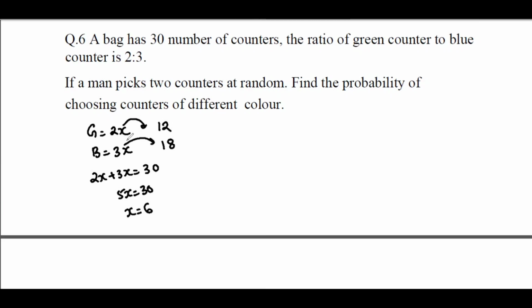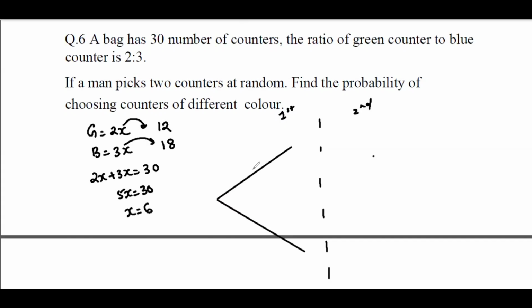Now we know that the number of green counters are 12 and number of blue counters are 18. Let me see what the question is. If a man picks two counters at random, that means he is picking two times. So for tree diagram, let me have the first pick and let me have the second pick. In the first pick, either he can pick a blue counter or a green counter.